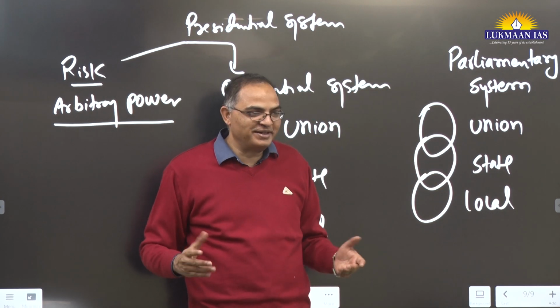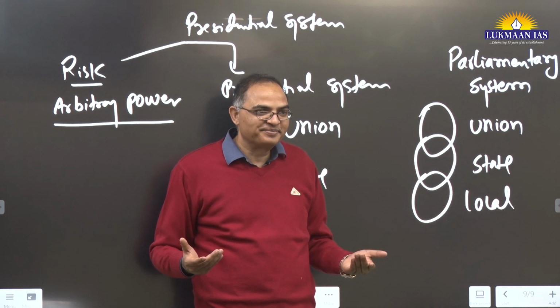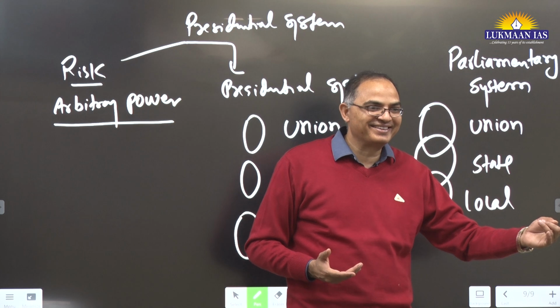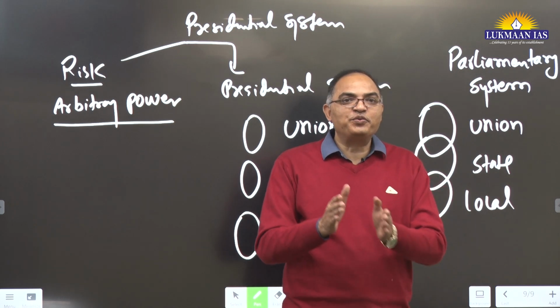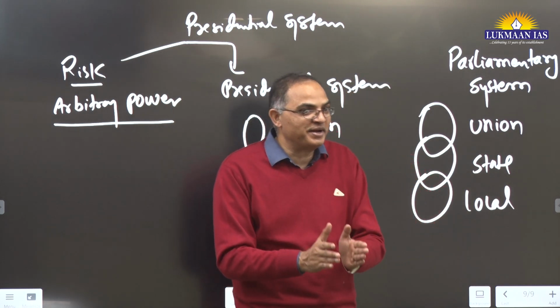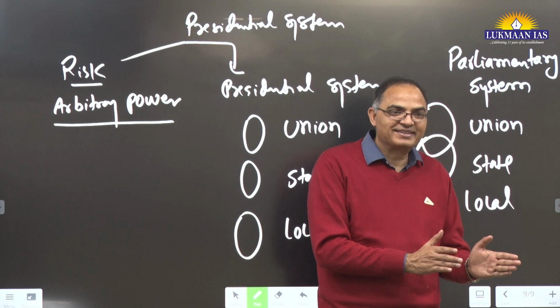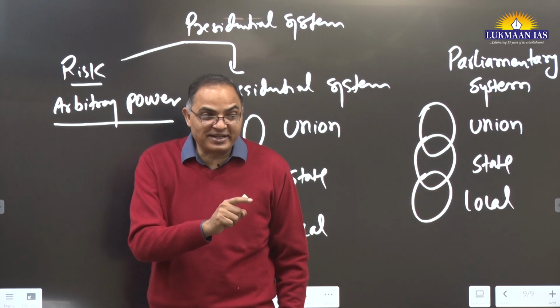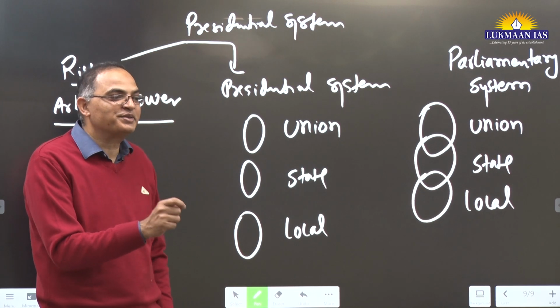Ultimately, nobody takes responsibility. And you say it is a responsible government. How can you fix responsibility without clearly defined responsibility? When responsibility is not clearly defined, how can you fix it?